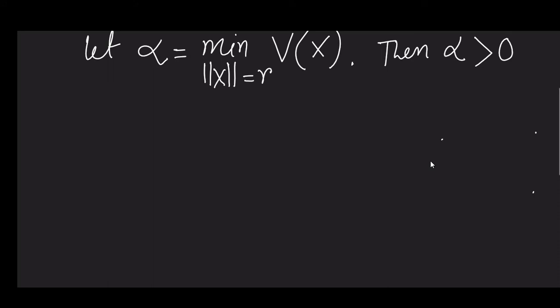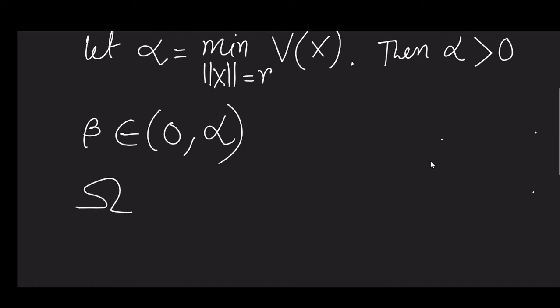Now with this we can take beta belonging to the open set 0 comma alpha, such that the region of this is defined as follows.